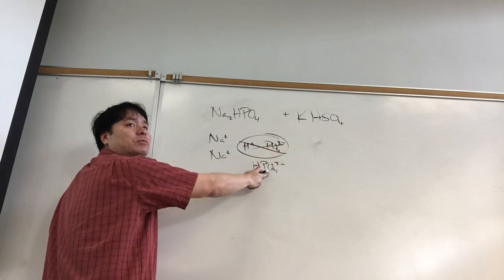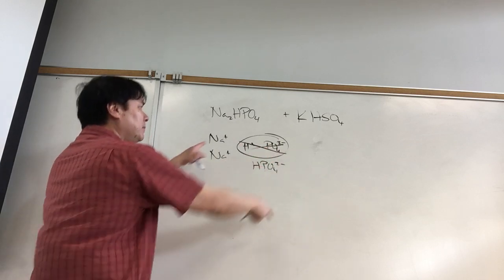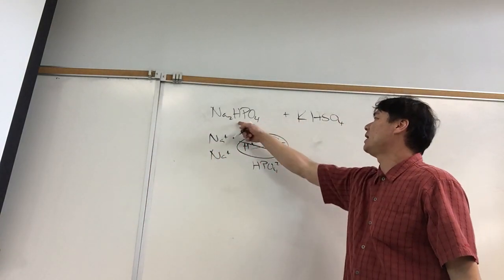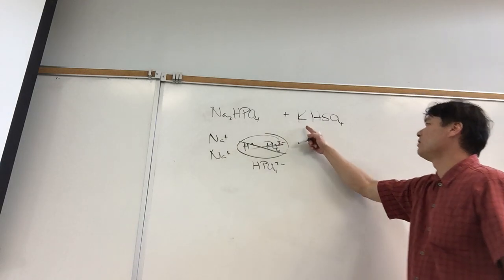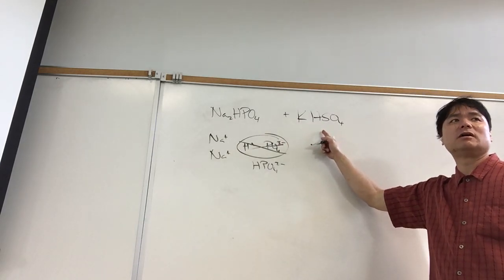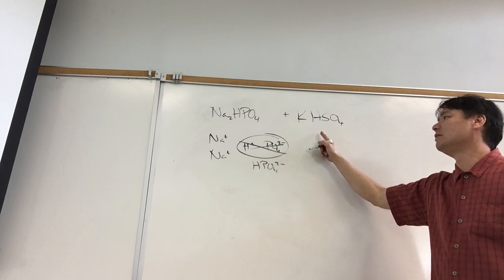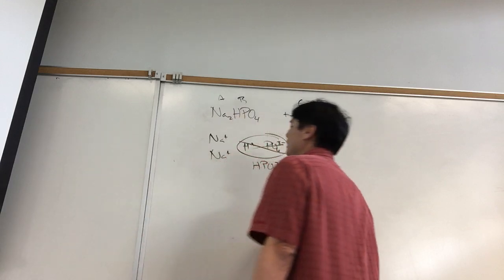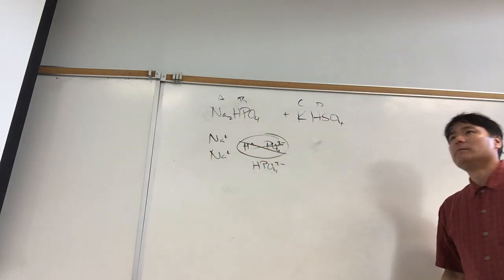It's an HPO4 2- ion. And so some people think of this as metathesis. What we'd form is potassium monohydrogen phosphate and sodium hydrogen sulfate. That would be no reaction there. And so even though this fits the AB plus CD pattern, we get NR.